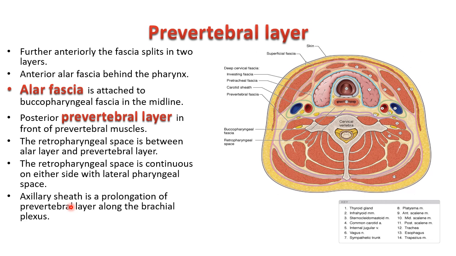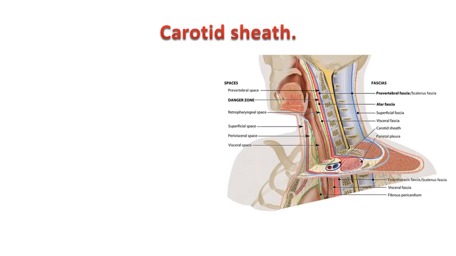So the axillary sheath mainly consists of your brachial plexus and the axillary artery, but not the axillary vein. Okay, so we are finished with these three coverings, mainly the investing layer, followed by the pretracheal layer, and followed by that the prevertebral layer of deep cervical fascia.